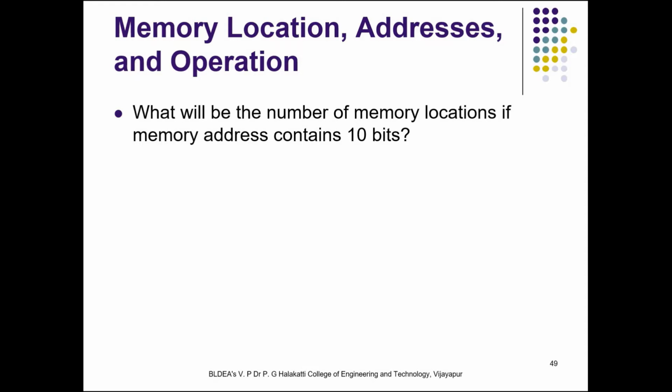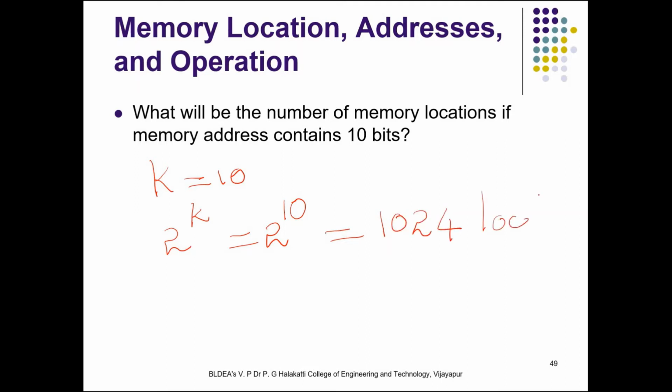Now, tell me what will be the number of memory locations if the memory address contains 10 bits. That means k is equal to 10, the number of bits in the address is 10. So it is 2 raised to k memory locations, which is equal to 2 raised to 10 memory locations, which is nothing but 1024 locations.